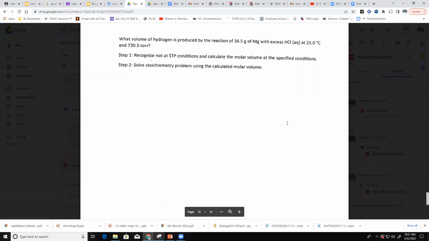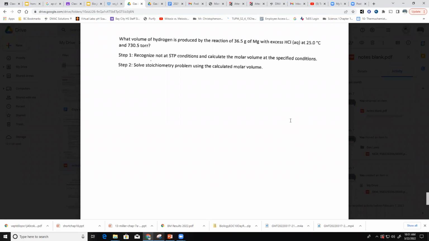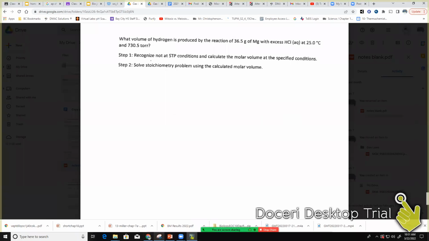All right. So we're still using the same equation. I'm just going to rewrite mine because I bet y'all can still see yours fine. So I had Mg plus 2HCl yields H2 plus MgCl2.